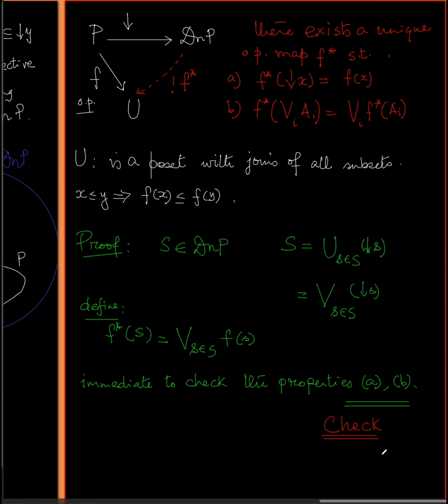This is another way of saying it is the smallest, although it says much more. Whenever I have an order preserving map going into any poset with arbitrary joins, then that map extends to all of downsets.